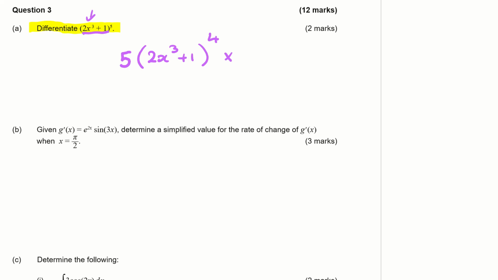That's going to be 2e to the pi sine 3 pi by 2 plus 3e to the pi cos 3 pi by 2. And we know that at 3 pi by 2, which is down here, the sine equals -1 and the cosine equals 0. And so that one's just going to be 0, and we're going to get -2e to the pi.